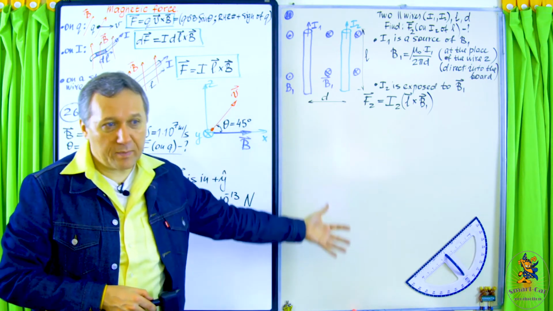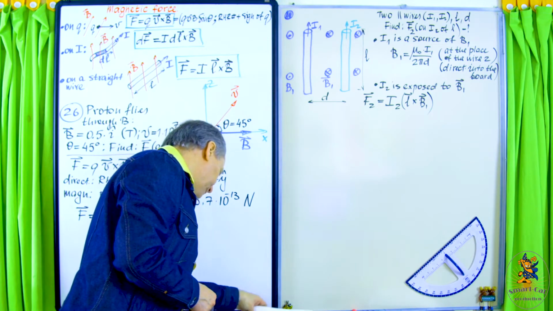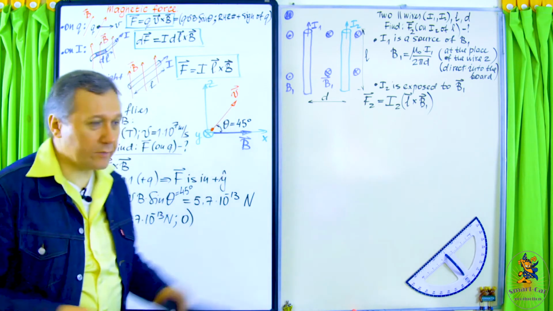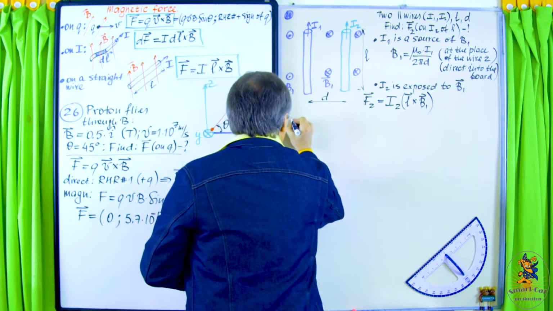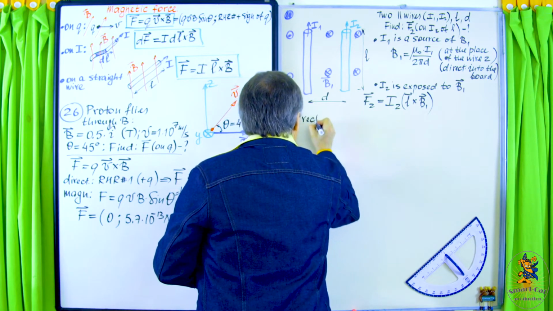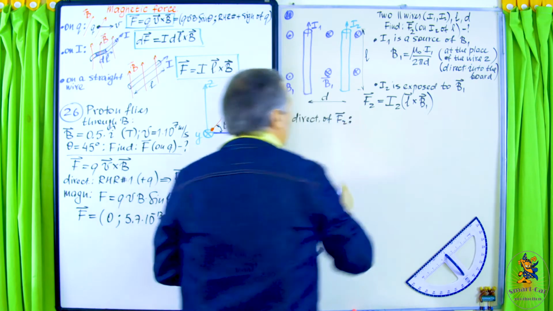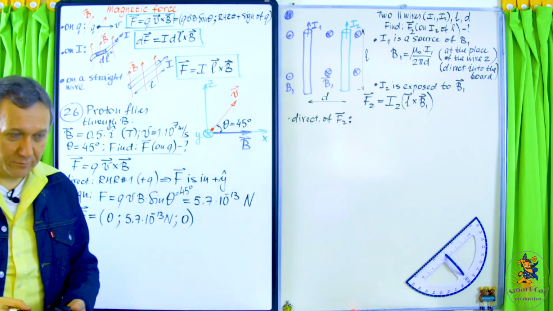Now again I will do it in two steps. First let me find the direction and then the magnitude. So first, the direction of F2, right-hand rule.